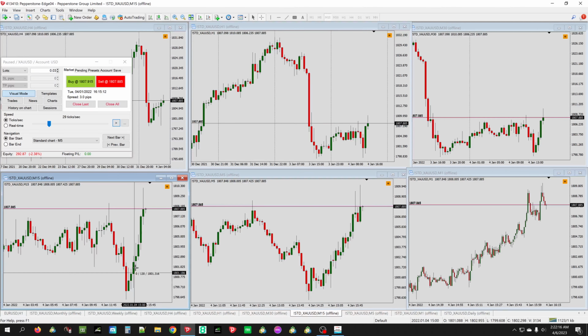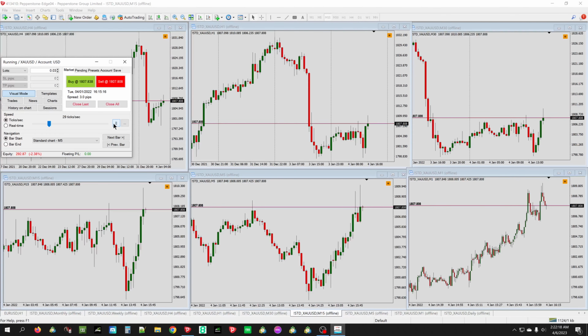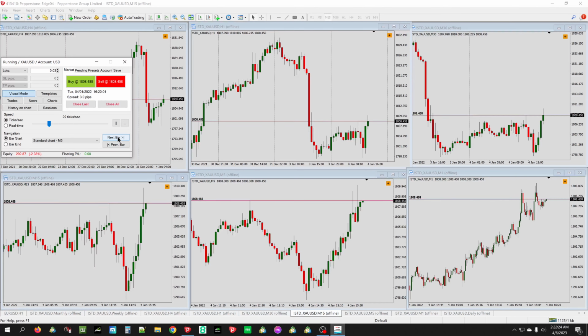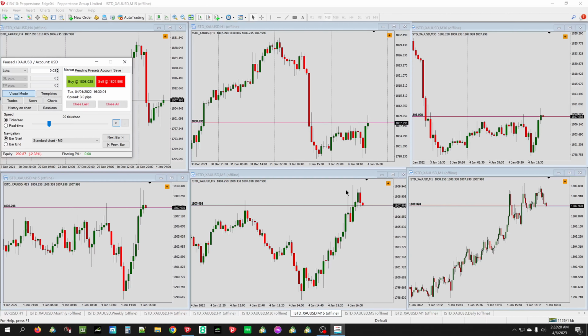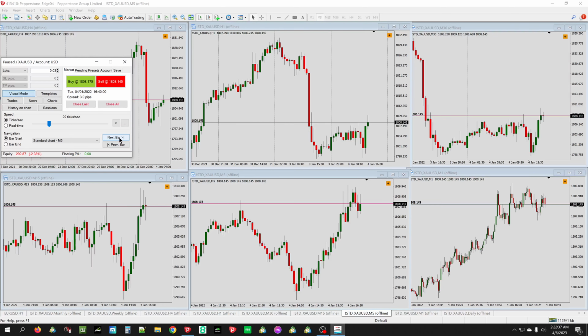In M15 there is no support yet, so I need to see. We can push up, but I am not willing to execute. Yeah, now if we break above this setup, this area, this will be a B grade setup, and I will execute.